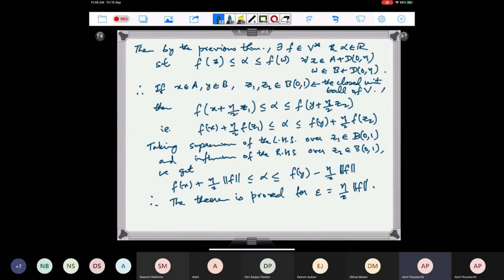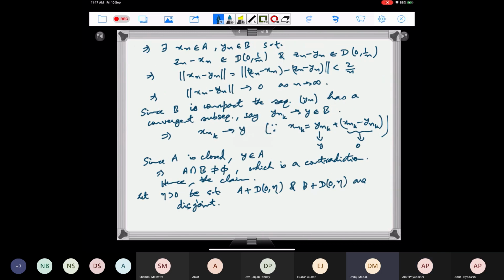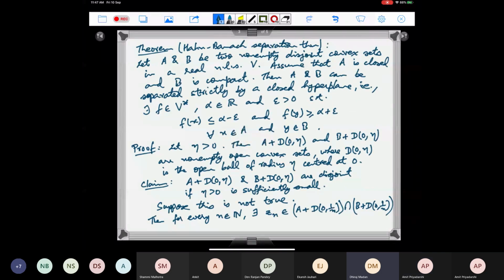So any doubts so far? No. So here we assume that one of the sets is compact and another is closed to get this. So for the claim you made, I actually had an alternate proof in mind. So here we are given that A is closed, so we know that A complement is open.